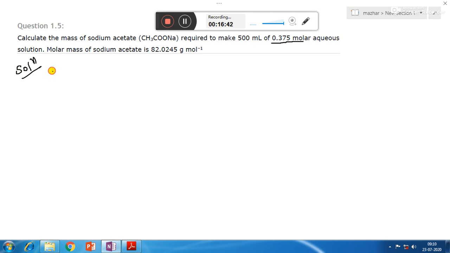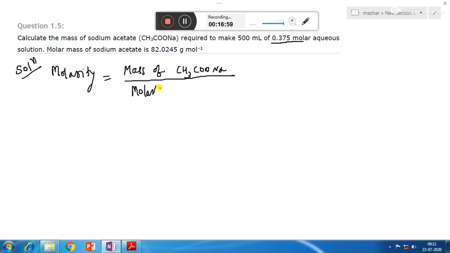Now the equation of molarity is mass of solute. So here we have to take mass of sodium acetate divided by molar mass of sodium acetate into, now here in the question volume of solution is given in ml.